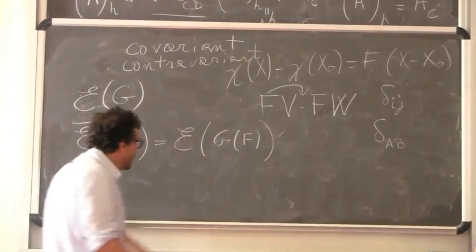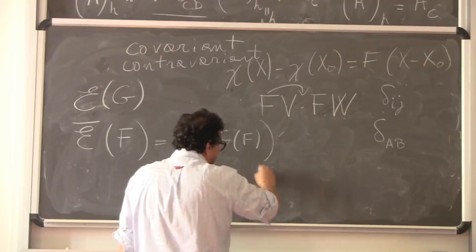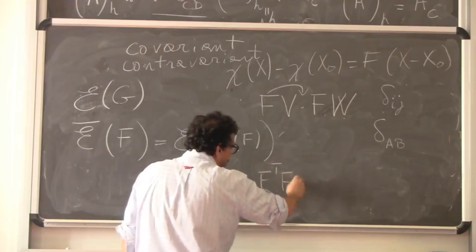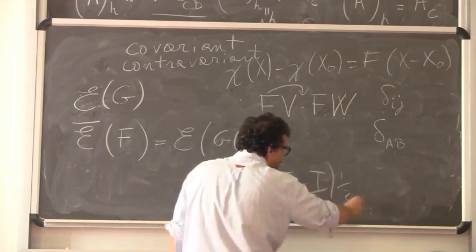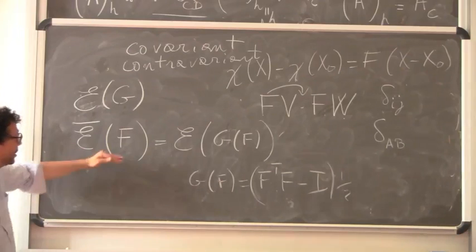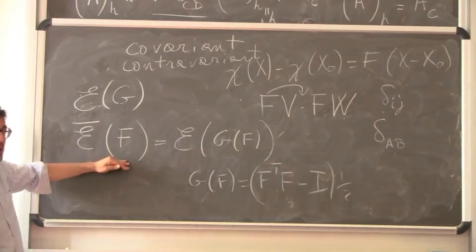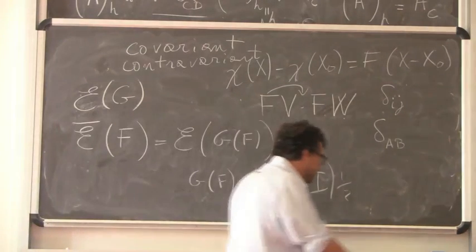Okay, because we know that G of F is F transpose F minus the element 1. So for some calculations, we will consider the deformation energy as a function of F. Okay?